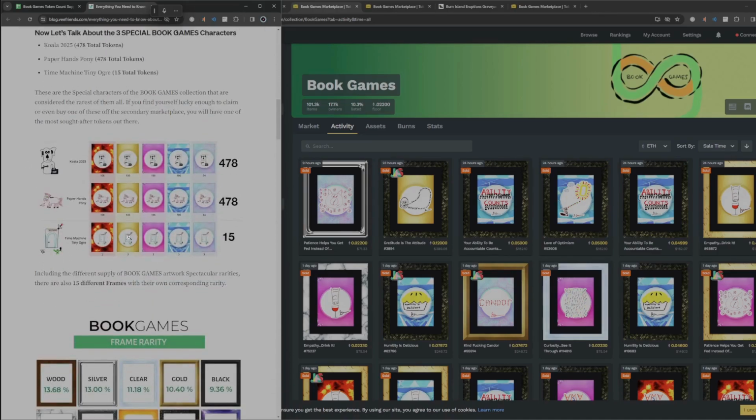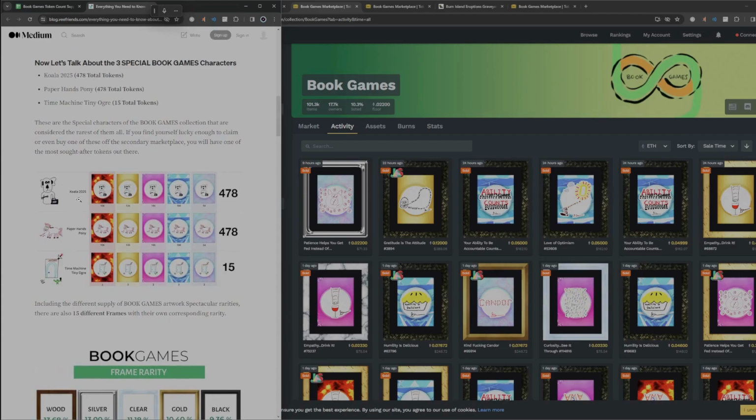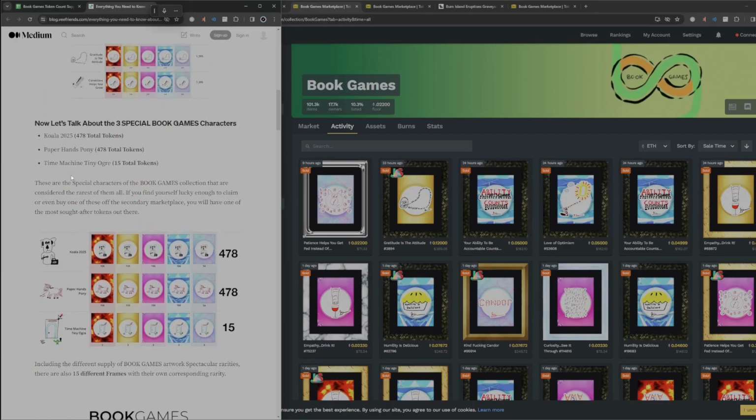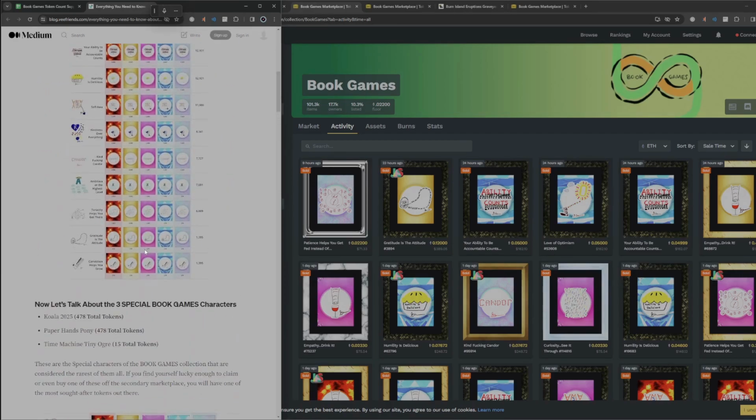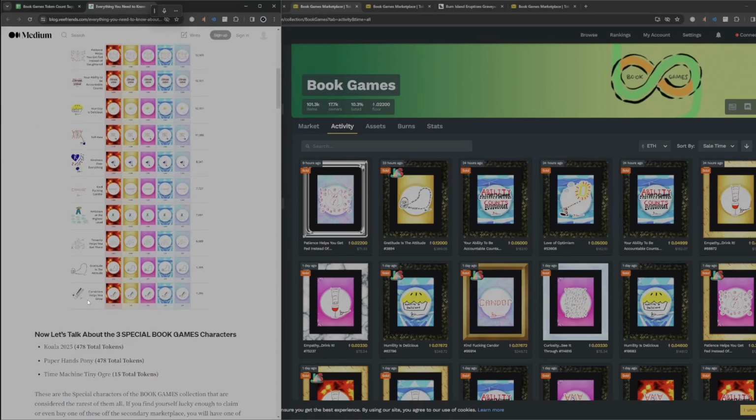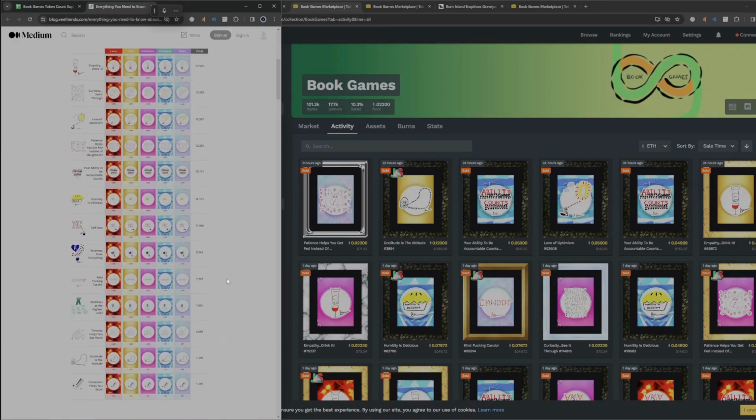We have to hallmark on that, right? So you have your juggernauts, right? Your main boss characters, Koala, Paper Hands Pony, Time Machine Ogre, denoted by their lower supply and them being special characters. And then you have secondary special characters in a manner of speaking, involving the conviction helps you grow, and gratitude is the attitude.